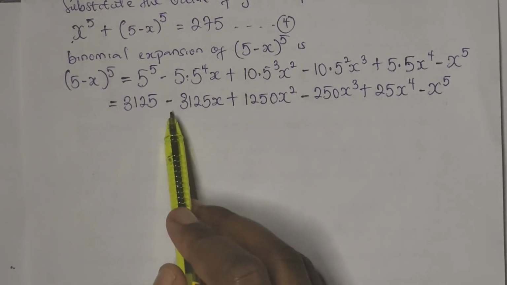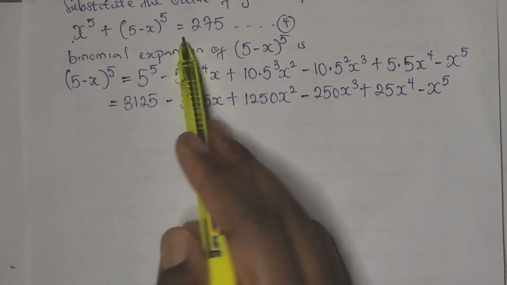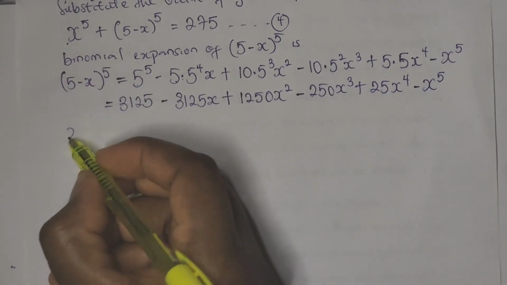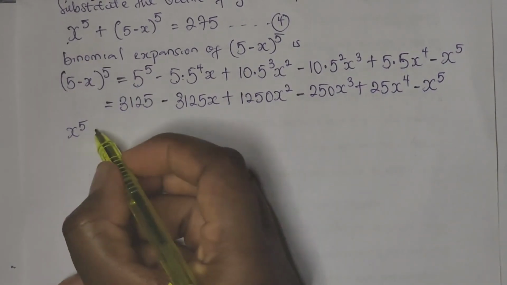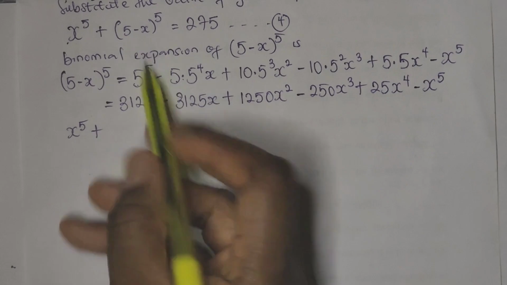So this expanded form, we are going to be substituting it into equation 4. So this will become, now equation 4, this is x to the power of 5 plus, remember this is the expanded form we want to replace with this.